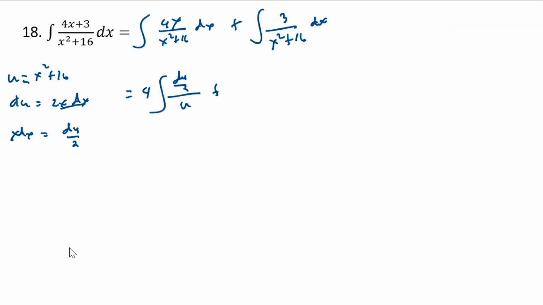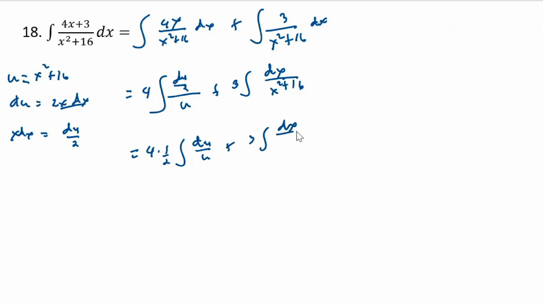Plus, on the second term, I will just write here 3 times the integral of dx over x squared plus 16. So integrating this one now, we have 4 times the coefficient factor 1 half times, I will just rewrite first du over u plus 3 times the integral of dx over x squared plus 16.